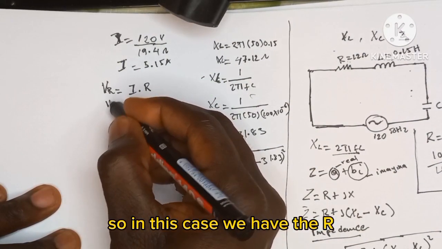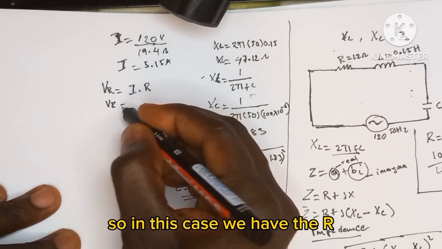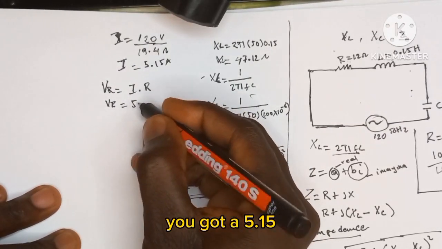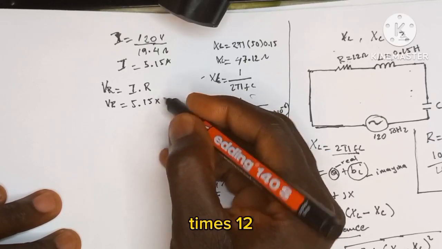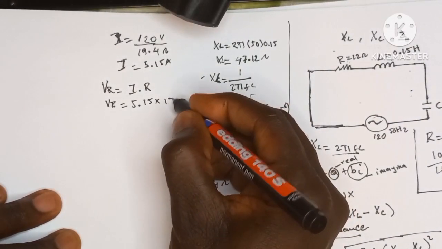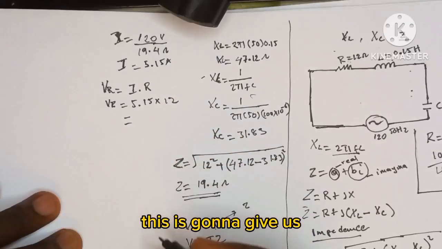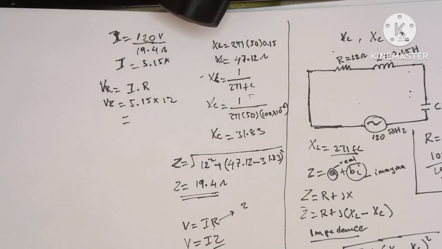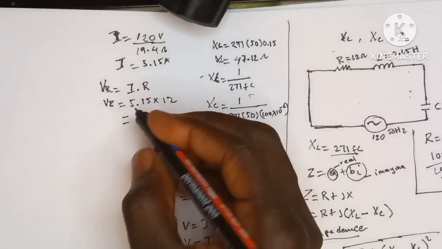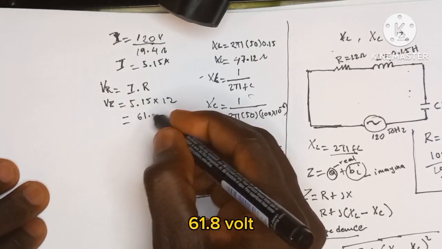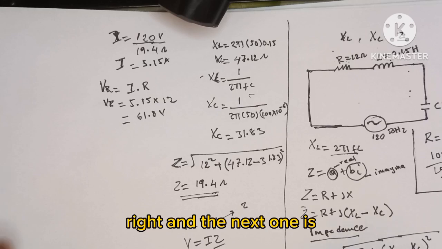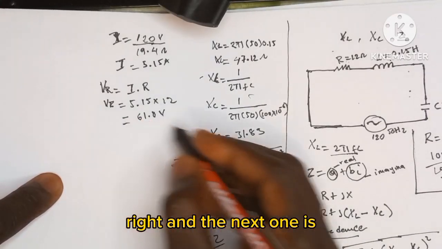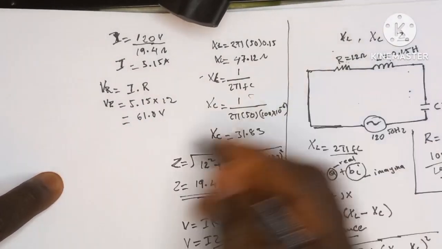So we have VR is equal to 5.15 times 12. This is going to give us 61.8 volt.